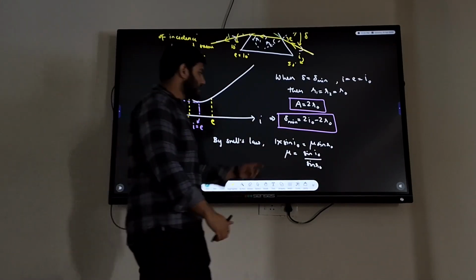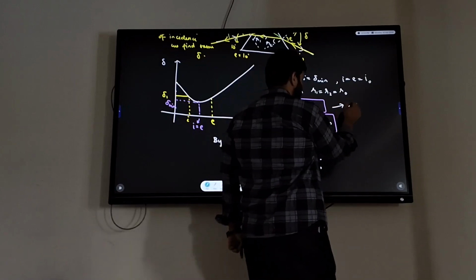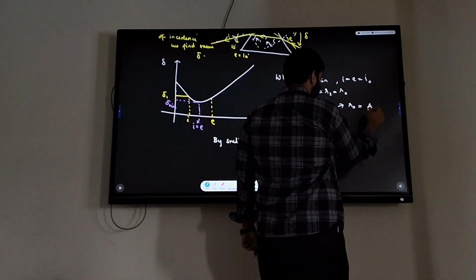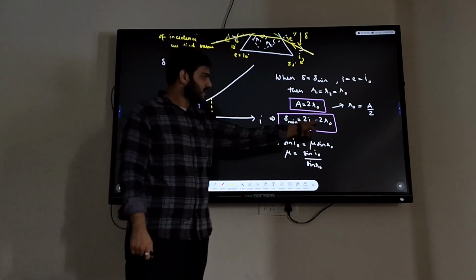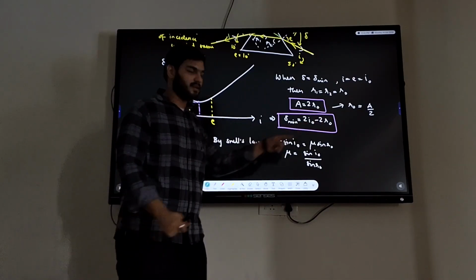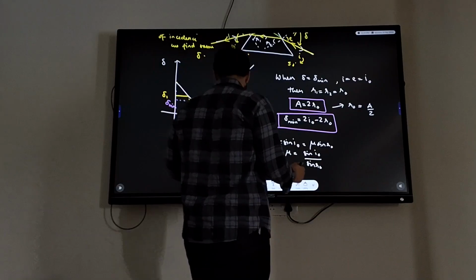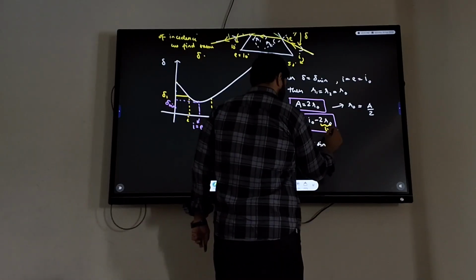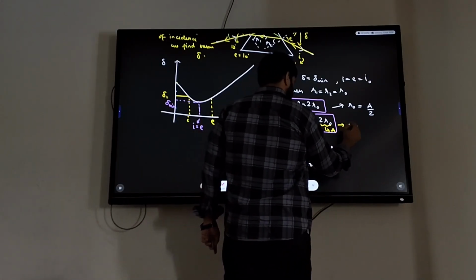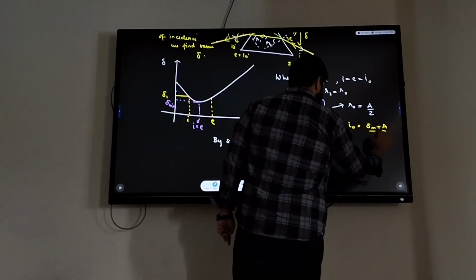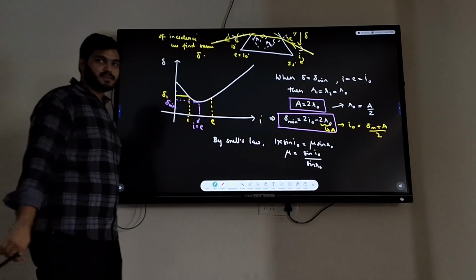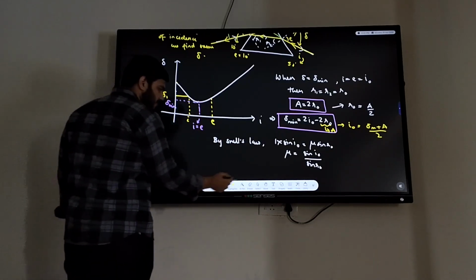By the way, this R naught can be written as A by 2. What about I naught? This is A. Let me write it again. This is A. Then what is I naught? I naught is delta min plus A divided by 2. Please check. Then what should be mu?